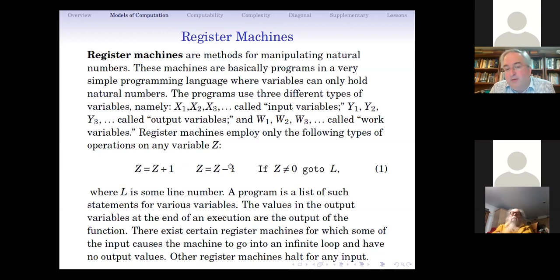This is the amazing thing about register machines: this simple programming language can do anything that any other programming language can do. They're equivalent to any other programming language. So that's an amazing result. A program is a list of such statements for various variables. There are some register machines that are total, and there are some register machines that can get you into an infinite loop. And we have to worry about that.